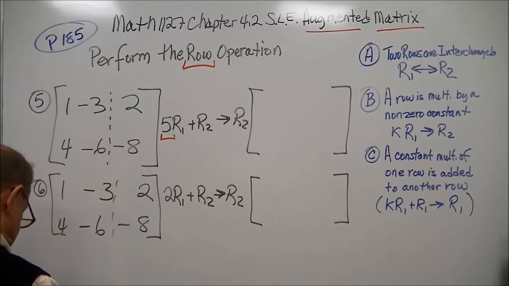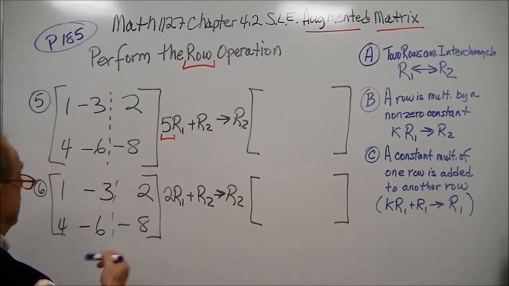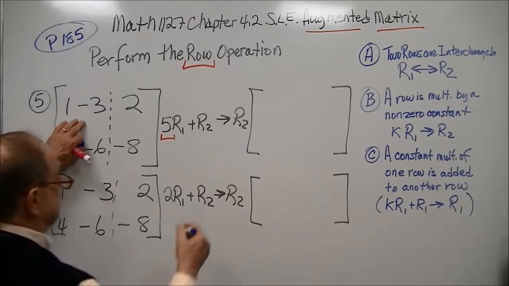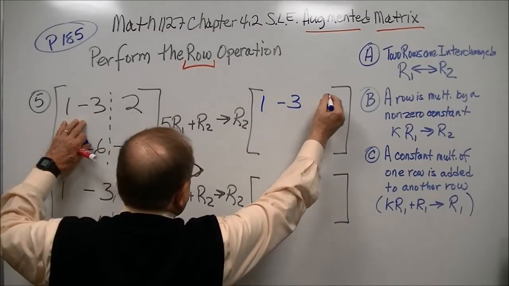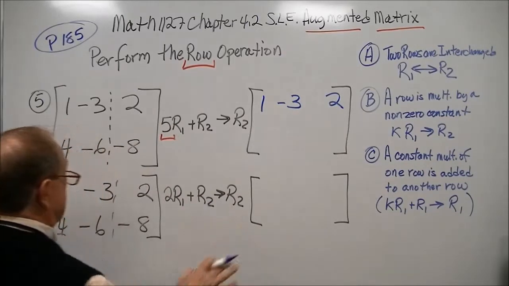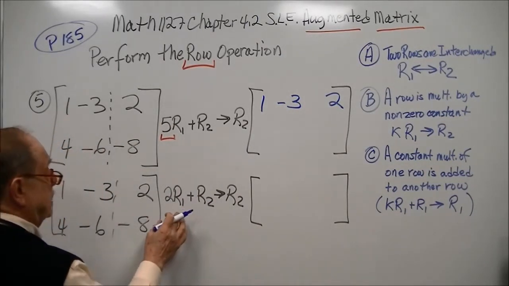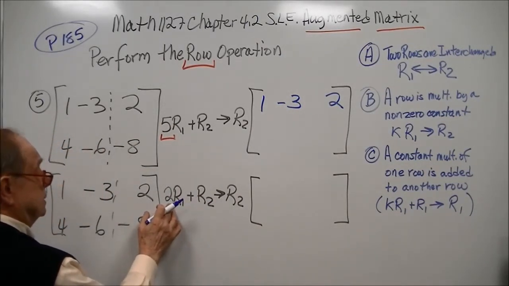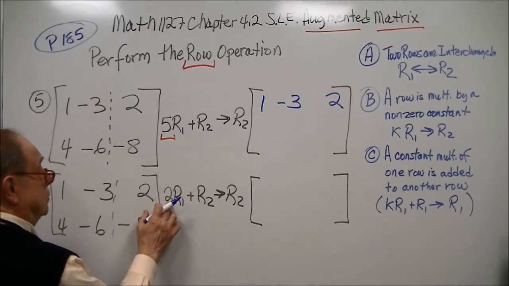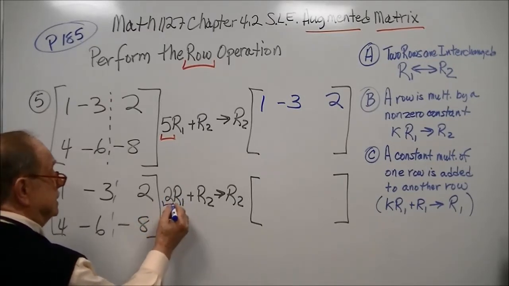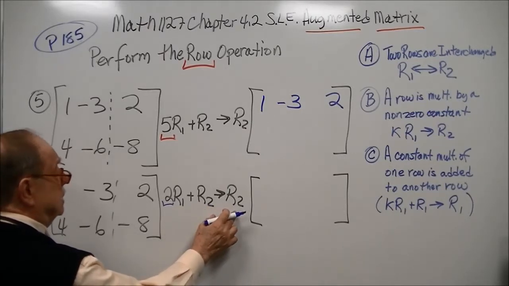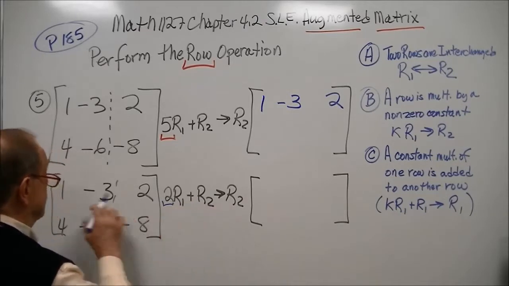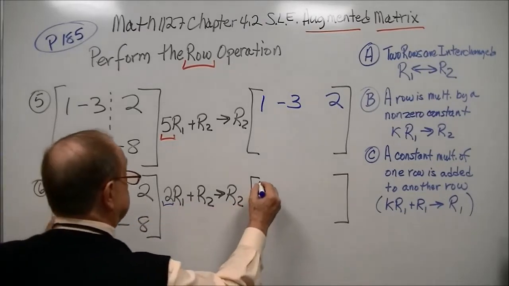So, in this case, row 1 remains unchanged, so we can just put row 1 there. And while we're at it, here are instructions. Row 1, we're going to multiply it by this constant, add it to row 2, and then replace it in row 2. So again, row 1 stays the same.